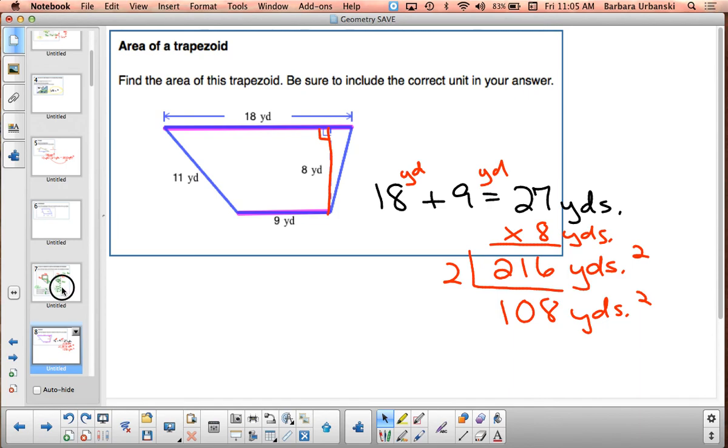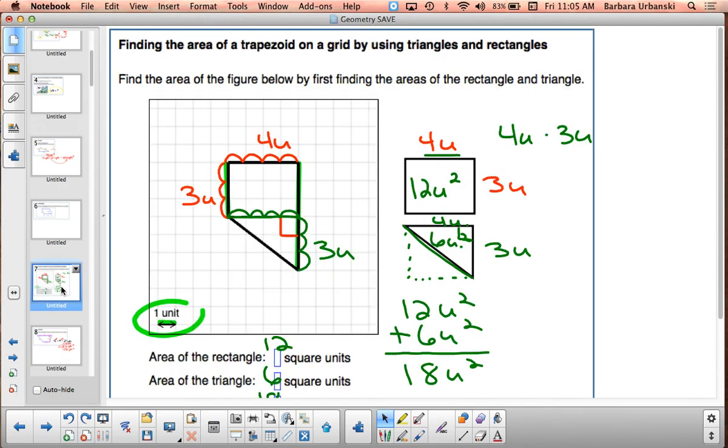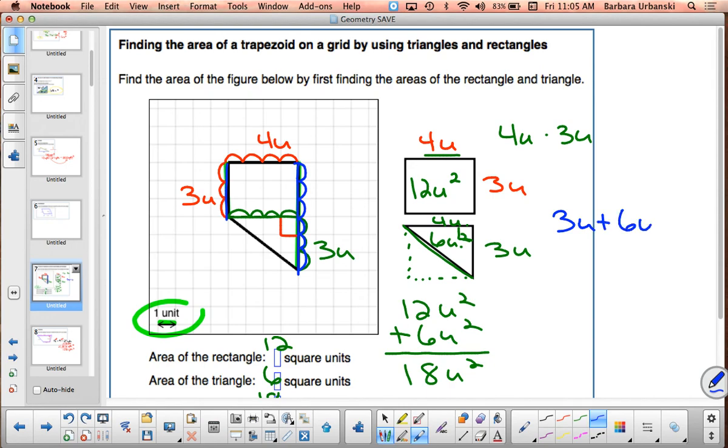Now going back to what we did previously, if we did the same thing with this particular problem, you could take a look at the sides that are parallel, which happen to be the 3, and then this side would be 1, 2, 3, 4, 5, 6. We could take 3 units plus 6 units, and that would give us 9 units. If we take our 9 units and we multiply it by the altitude, which happened to be 1, 2, 3, 4, because that was our right angle, we would then multiply it by the 4 units.